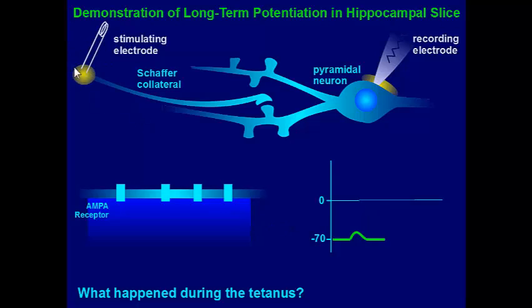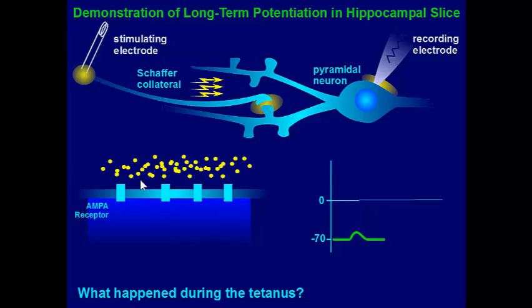Good. Now let's look at what happens during the tetanus. During the tetanus, you give a high frequency stimulation here, so you get these high frequency action potentials charging along the Schaffer collateral here, and what happens in the synapse, you get a very strong release of glutamate. So far higher concentrations are released, and consequently many more of these AMPA receptors on the postsynaptic side become activated.